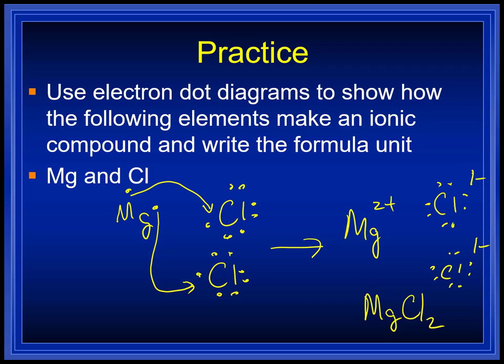I put the charge because 2 plus, 1 minus and 1 minus adds up to 0. So the compound doesn't have a charge, because we made sure all the electrons were accounted for. Magnesium lost 2 electrons, chlorine gained 2 electrons, so we're still talking about the same number of electrons.